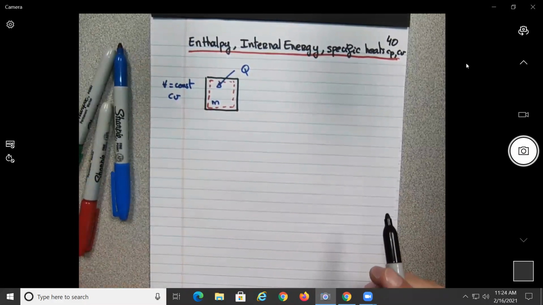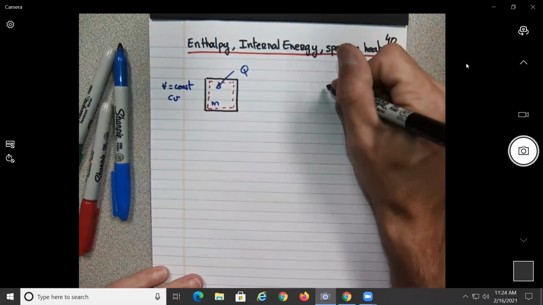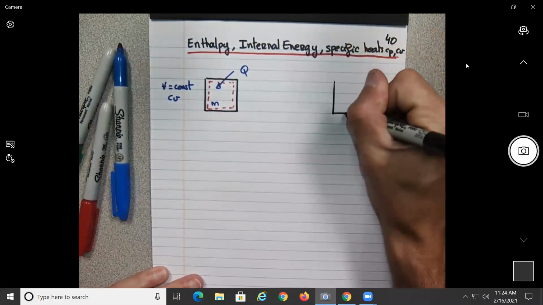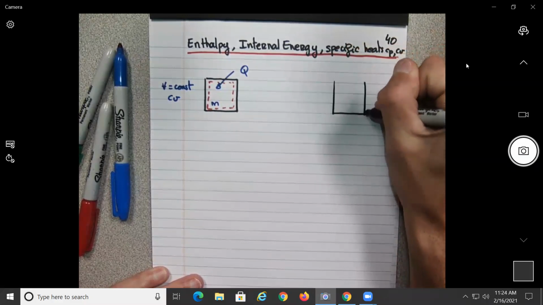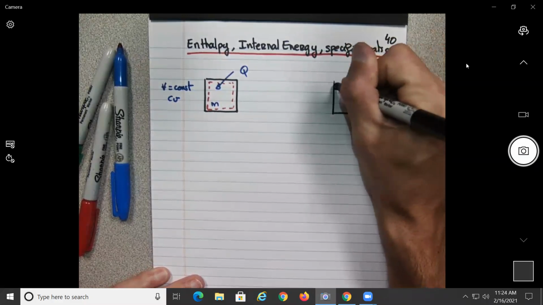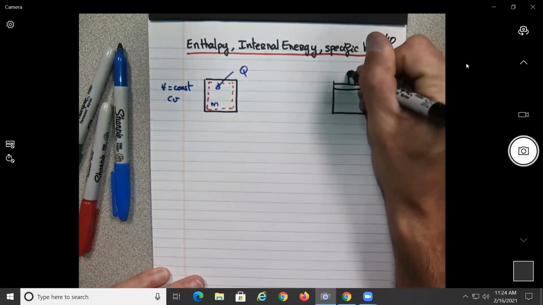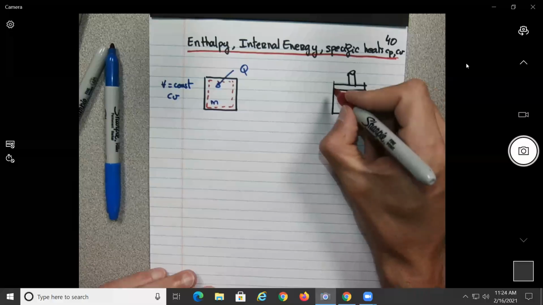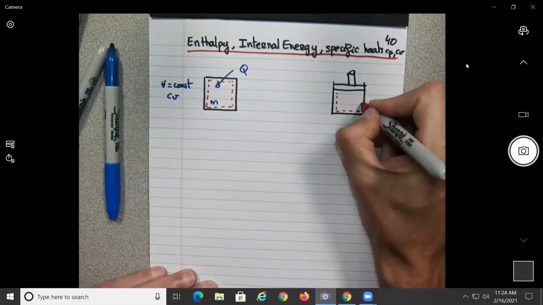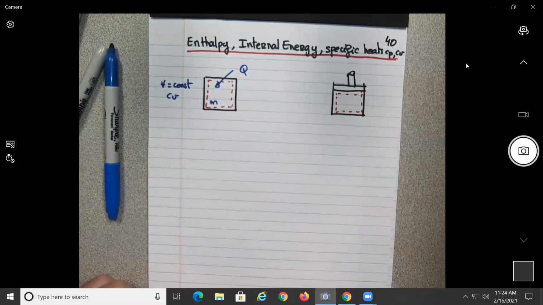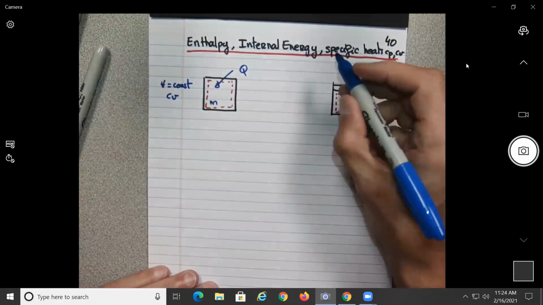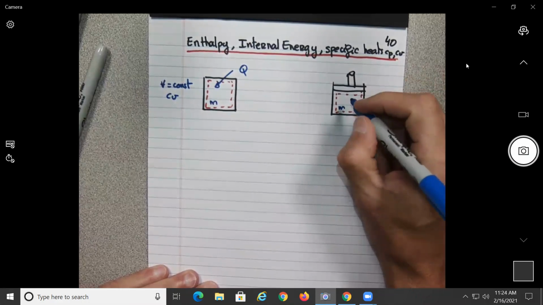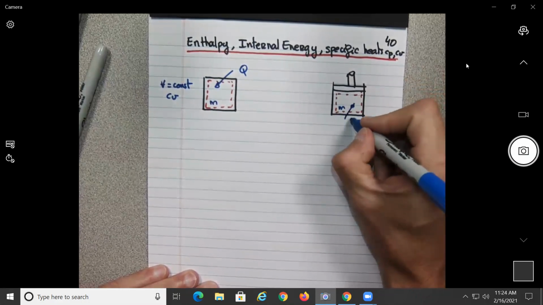Now, the other case that we have been dealing with is the piston cylinder type of system, which basically is, you have this, and this is our system over here inside. And again, the mass could be constant, and let's say that we add heat.